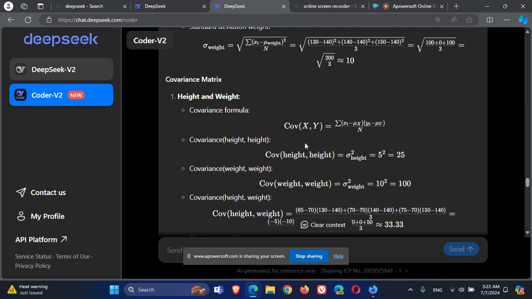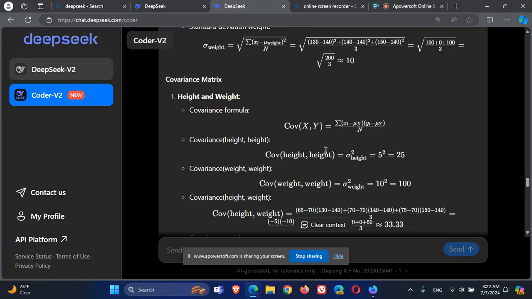Height and weight are the two dimensions I use, therefore those are what I will use for building the covariance matrix. So I will have covariance of height and height, covariance of height and weight, covariance of weight and height, and covariance of weight and weight.